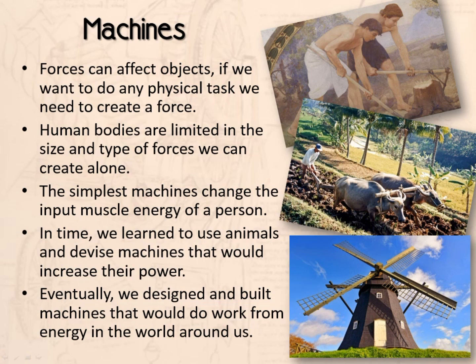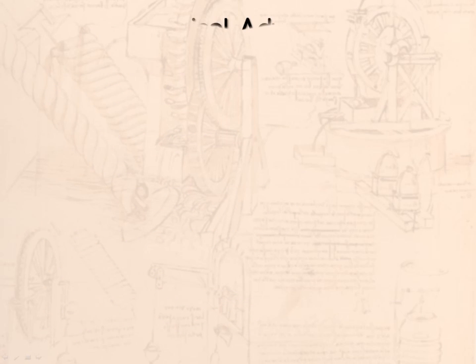There's an example of one of the earlier forms, a windmill, taking wind energy from the weather in order to turn a wheel, and then we use that energy to grind grain or something like that. Obviously, since then, we've gone on to far more advanced machines than this windmill.